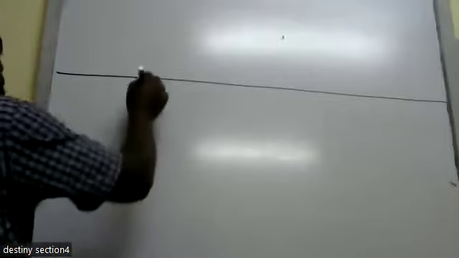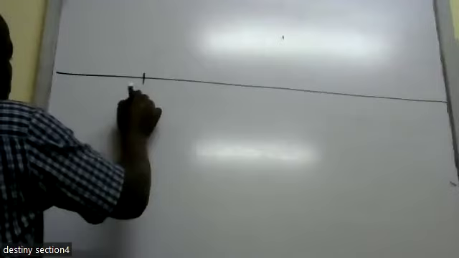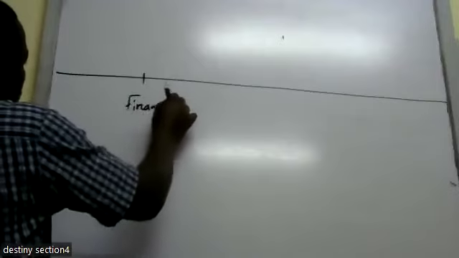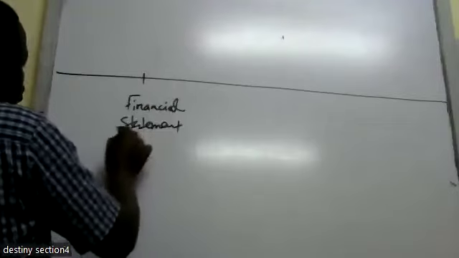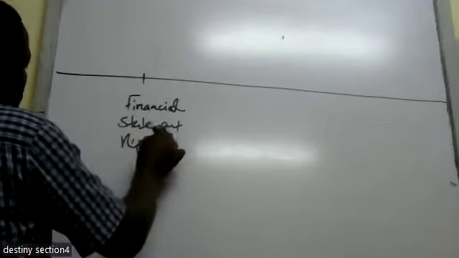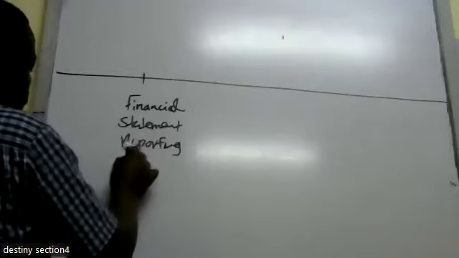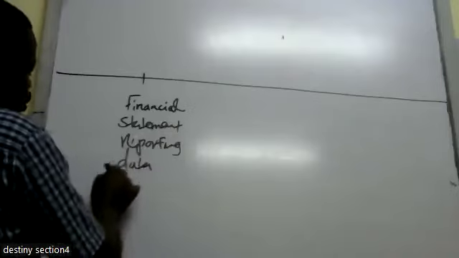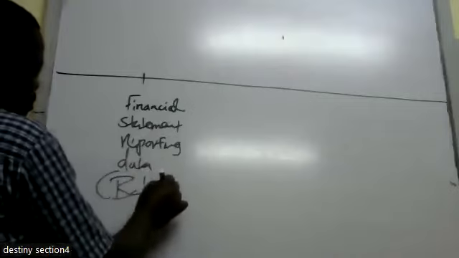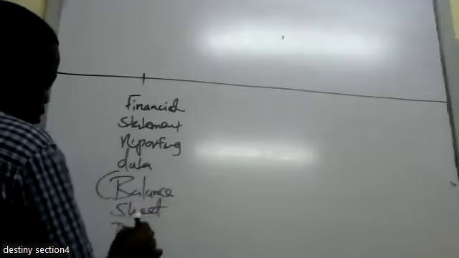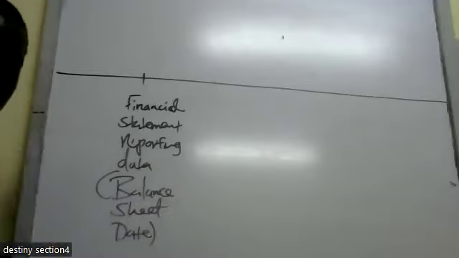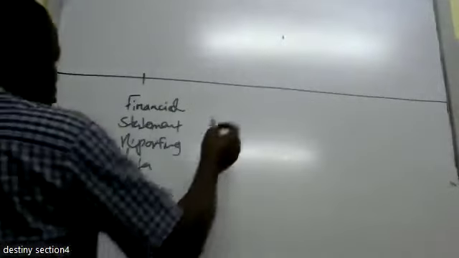Now the first one here is what we call the financial statements reporting date, if you just refer to it as the balance sheet date. Then the next important date is the auditor's report date.